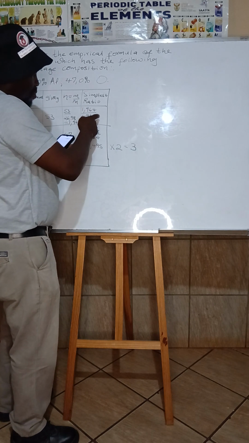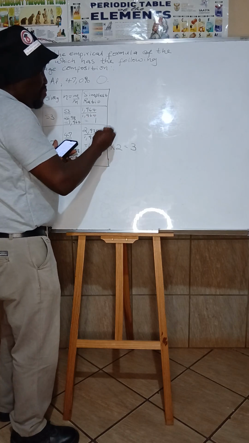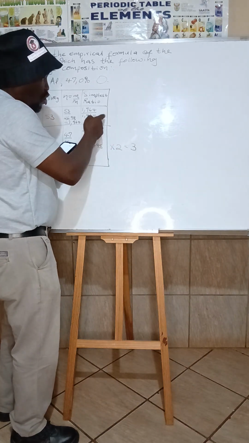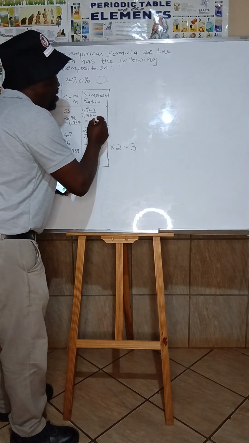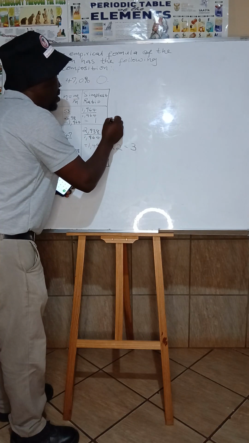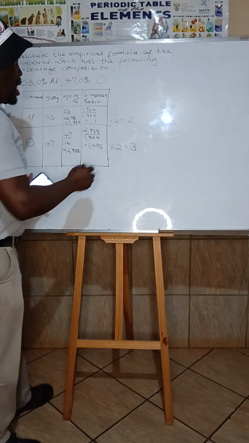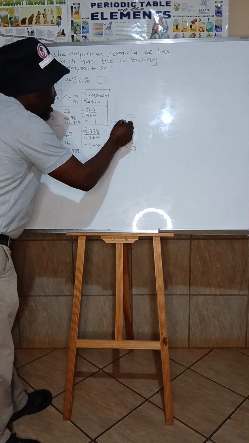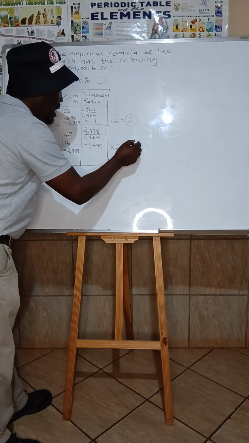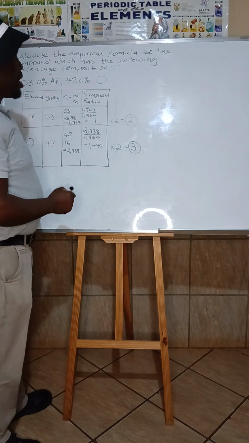Okay. What you do over here in terms of multiplying by 2 should also be done over there. We multiply 1 by 2 to get 2. Now we've got our whole number being 2 and the other whole number being 3.